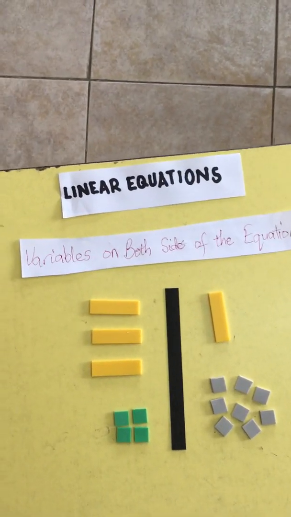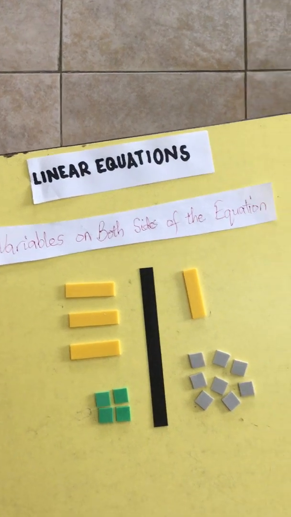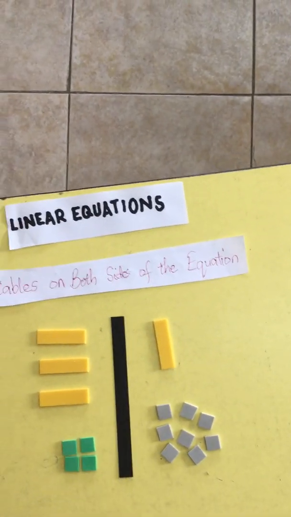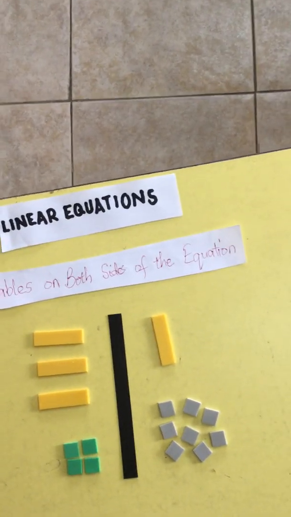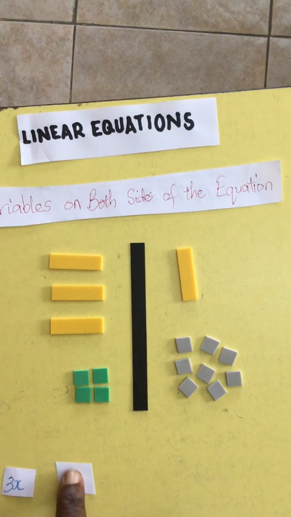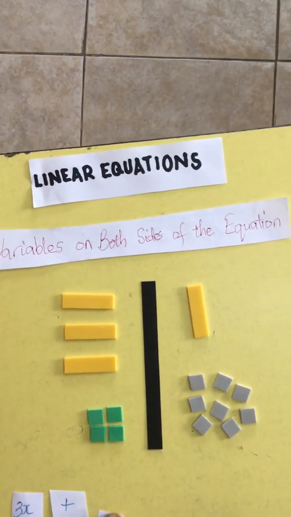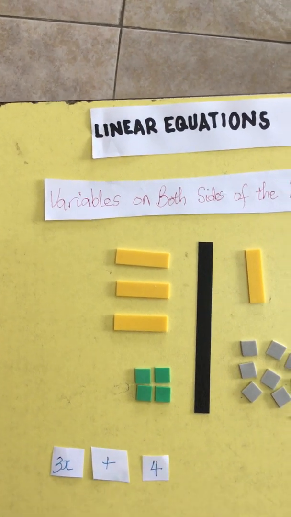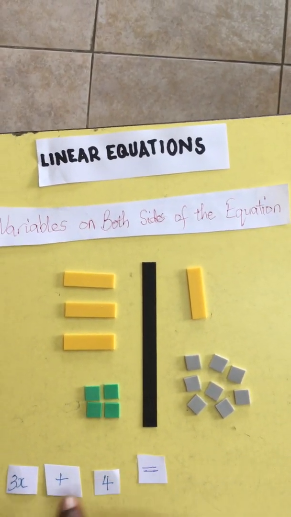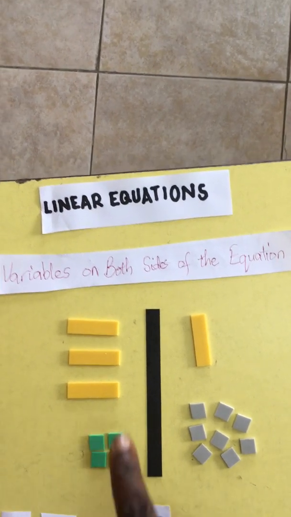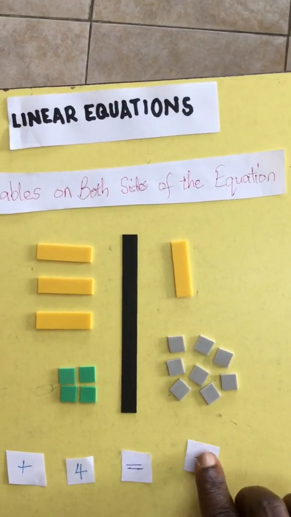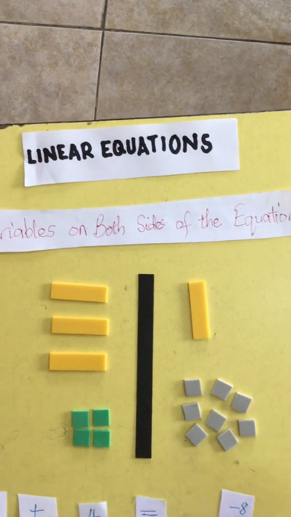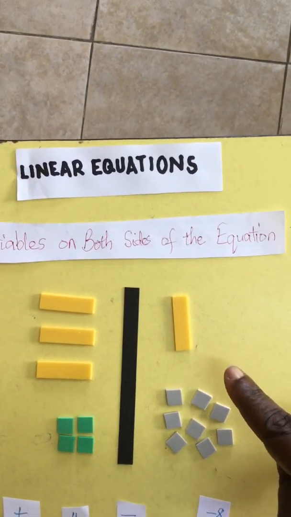So let's firstly write the equation. So what I have here, I have 3x plus 4 equals 3x plus 4 equals minus 8, but then it's not just the minus 8, we also have x.